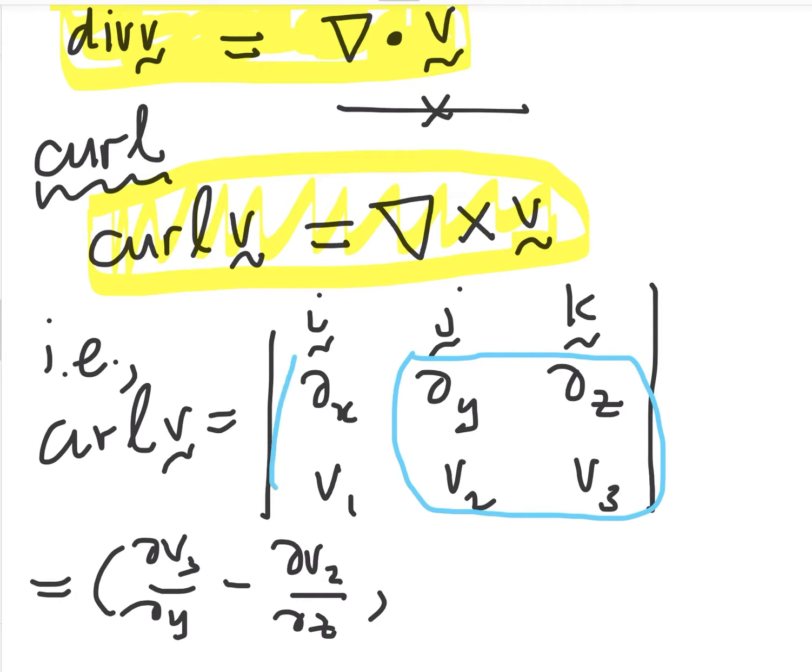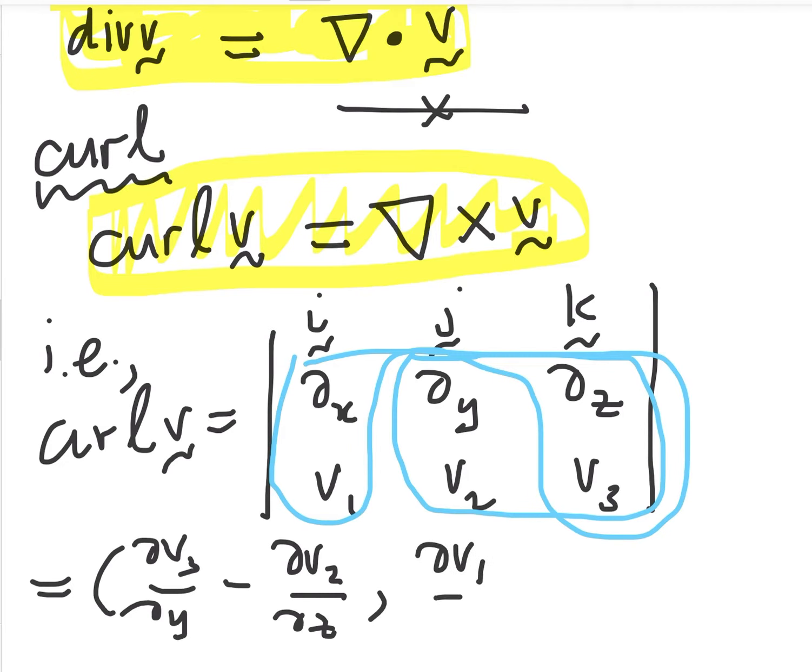Remember that there's a sign change in the middle component. So this is the derivative of V1 with respect to z minus the derivative of V3 with respect to x.